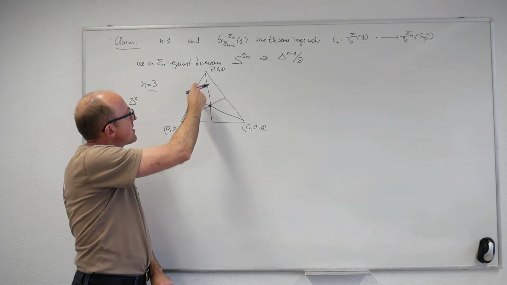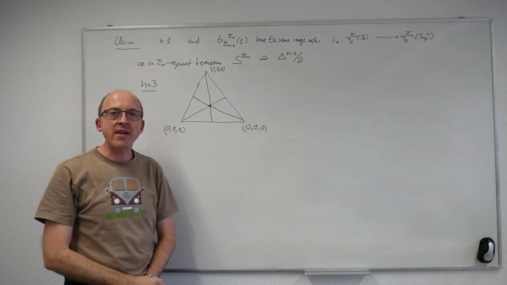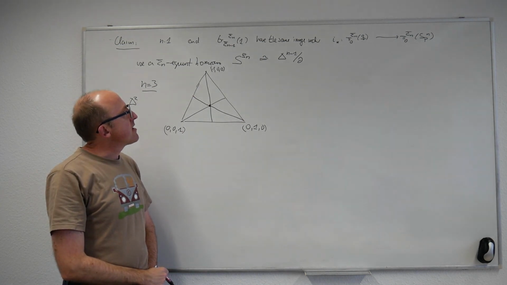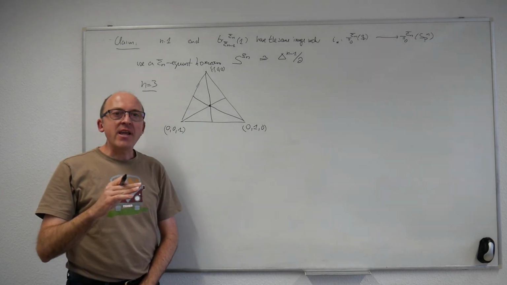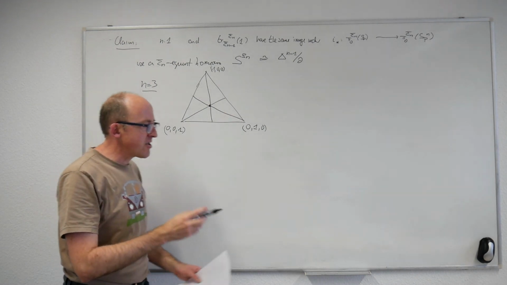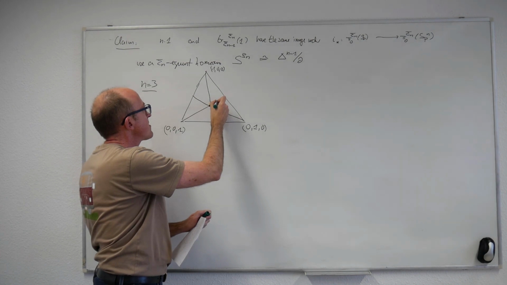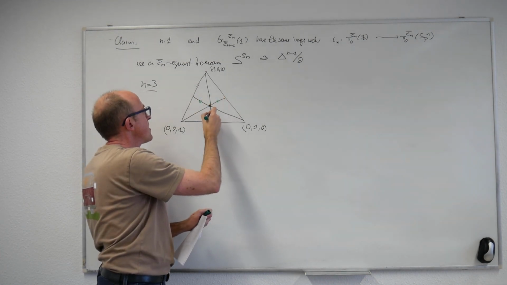And the rest, the interiors of these 6 little triangles, are free points with no isotropy. So when I choose this equivariant embedding from 1 up to n into the representation, the images would be these 3 points, like this one, and this one.